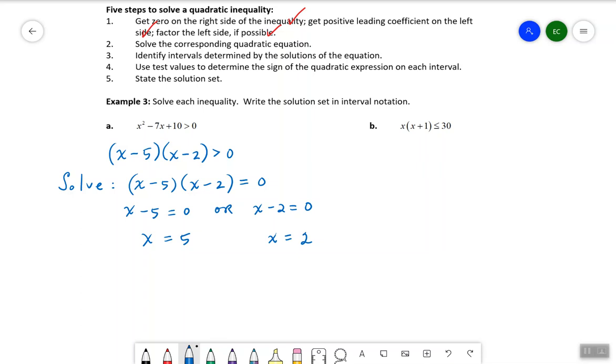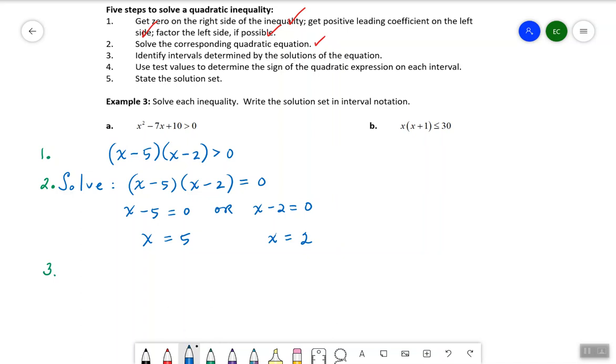And so we finished with the second step. Maybe I should number the steps out here to the left. This is step number 1, where we just got it into the factored form. There's step number 2, where we solved the equation. And now in step number 3, we're going to identify intervals determined by the solutions of the equation.